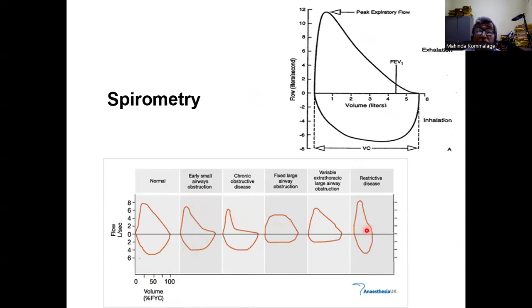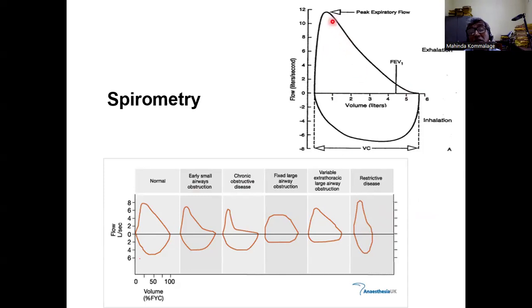If there is a problem in the airway, like bronchial asthma, right? Probably you have learned something about bronchial asthma already. If there is airway narrowing, as in bronchial asthma, expiration is difficult.